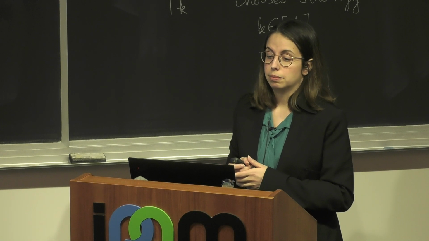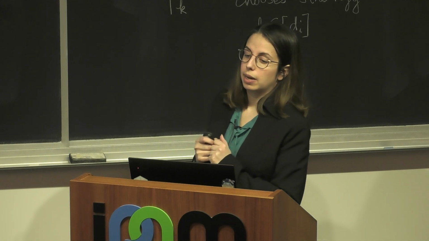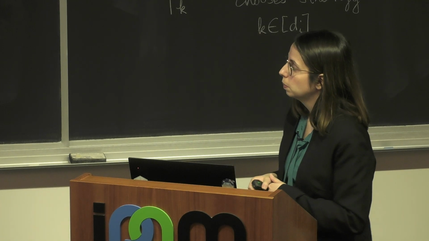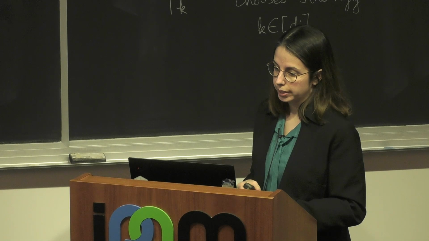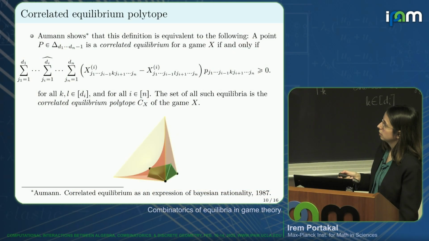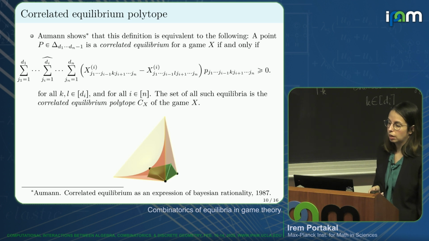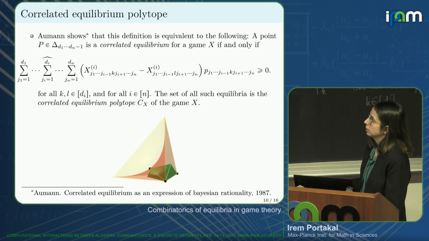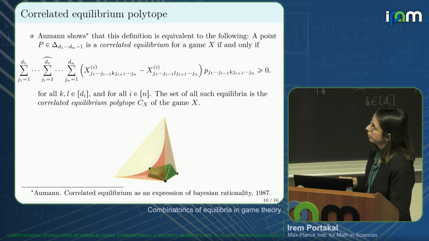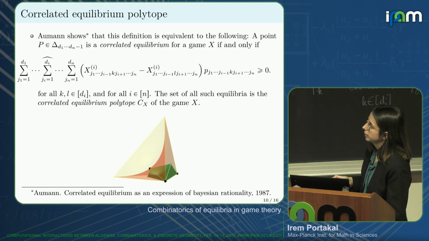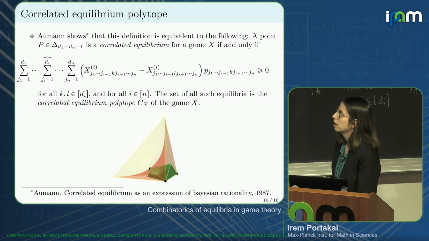The set of correlated equilibria is actually a polytope inside the probability simplex. And here is the H-representation of this polytope, which might look scary again, but there's a nice pattern that you can follow with the subindices.